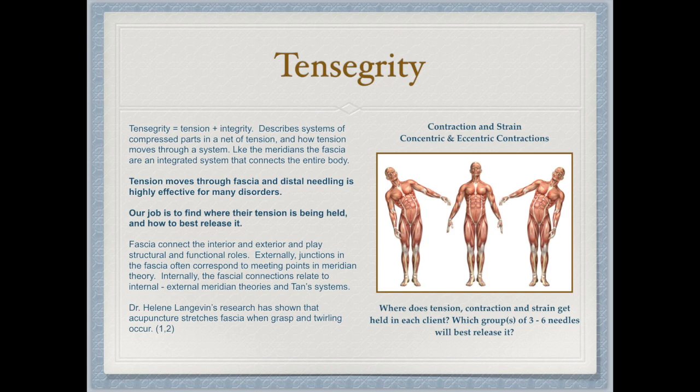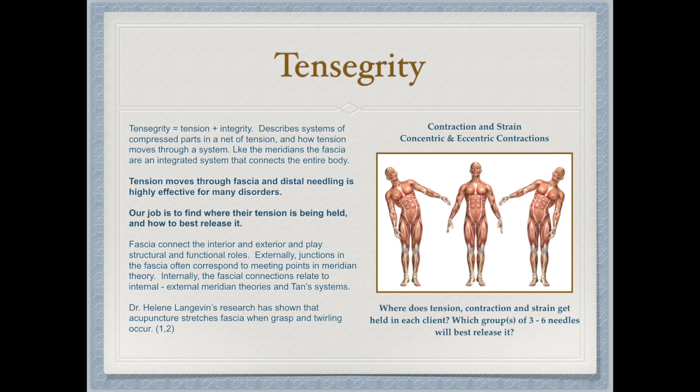And so as we understand this concept, then it can also help us to better understand how acupuncture works and how we can use distal points, and even why distal points are often more effective than local points. So let's just continue to read what it says here. It says, tension moves through fascia, and distal needling is highly effective for many disorders.